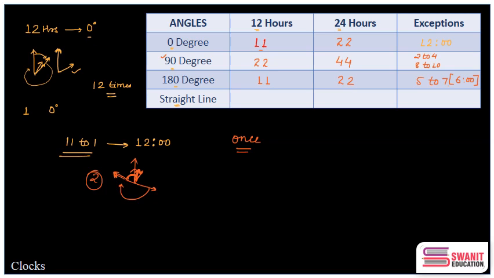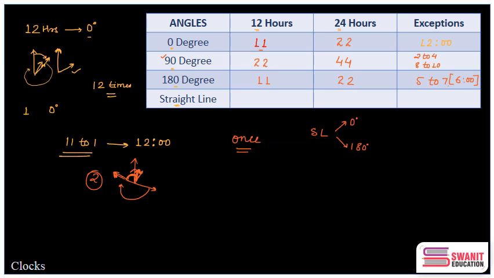One final thing, that is straight line. Now please understand, straight line can be a combination of 0 degrees and 180 degrees. That is, needles are said to be in a straight line when they form 0° and also when they are in the 180° situation.